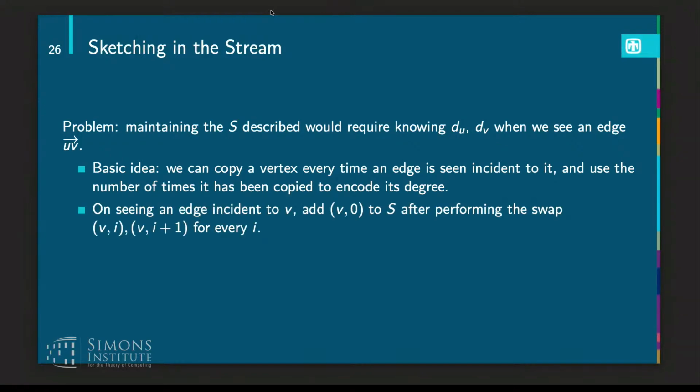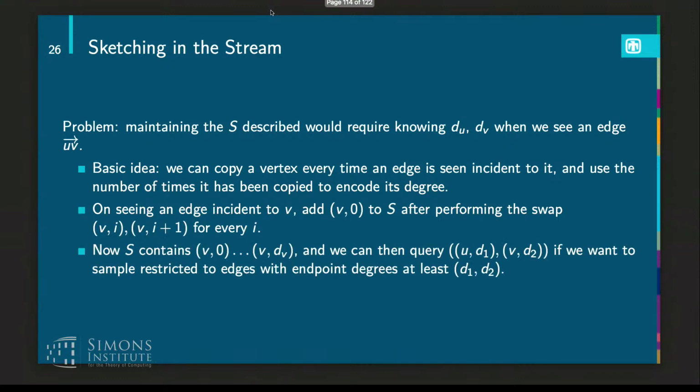So the way that you'll do this is that when you add a vertex to S, you'll always add it with this label that says 0. And you'll also increment the label of every copy already in S by 1, which you can do with these swap operations.